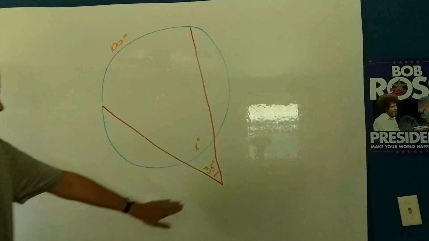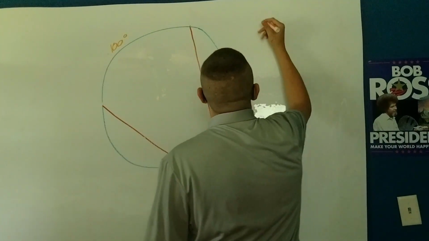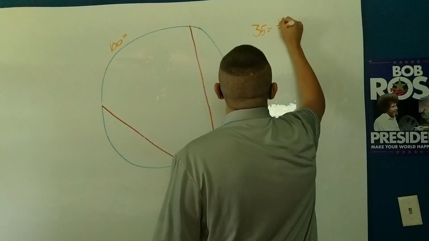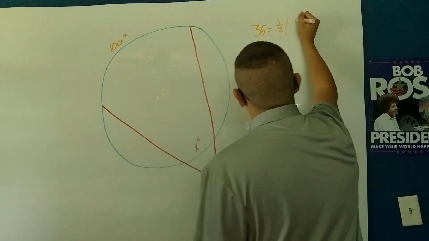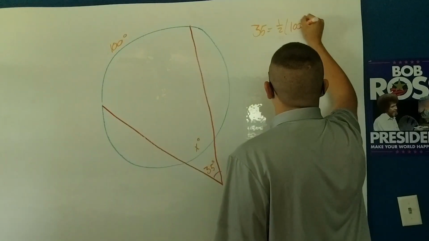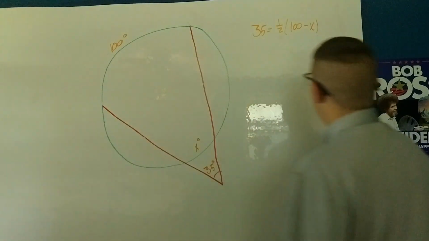Well, here, if we were to solve for 35, you would set this up as 35 equals 1/2 of our bigger arc, 100, minus our smaller arc, x, like that.